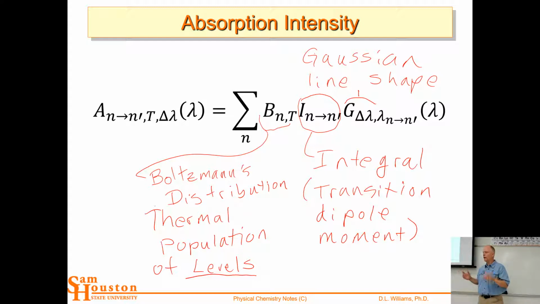There are other line shapes, and you can read about those in that chapter. There's Lorentzian, there's log normal, a Voigt. So there are other shapes to the peaks. And so this is, we'll see next, how all of these pieces fit together. So this is what makes up a peak in a spectrum, are these 3 different calculations.